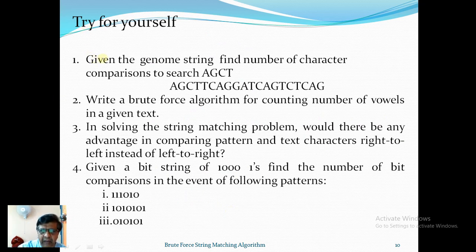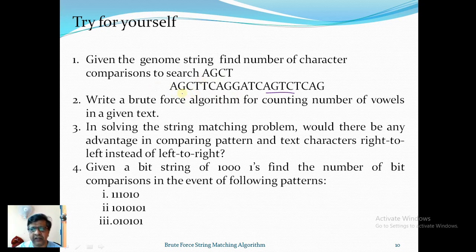Now there are some problems given over here. You please try; I will give the hint also. Given the genome string, find the number of character comparisons to search for AGCT: adenine, guanine, cytosine and thymine. It may be present somewhere over here. AGCT, you will adjust over here.